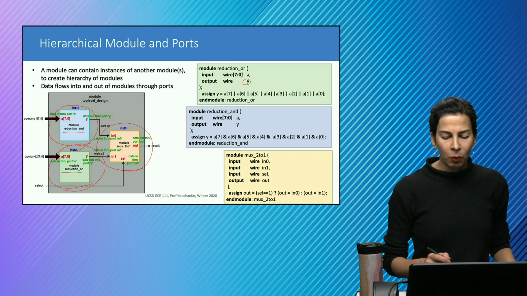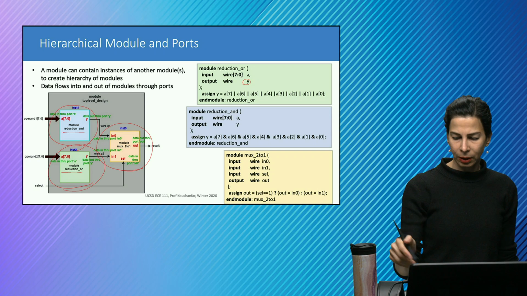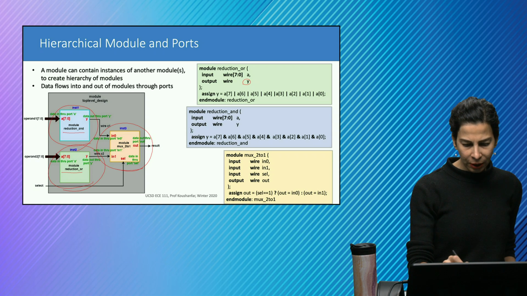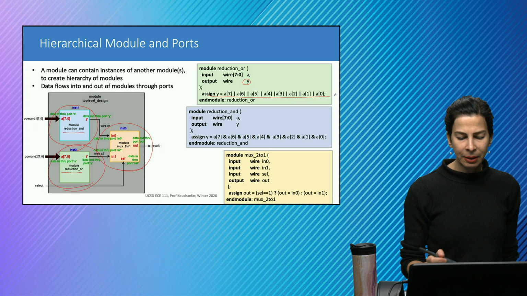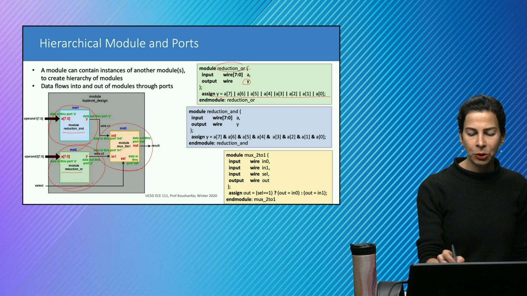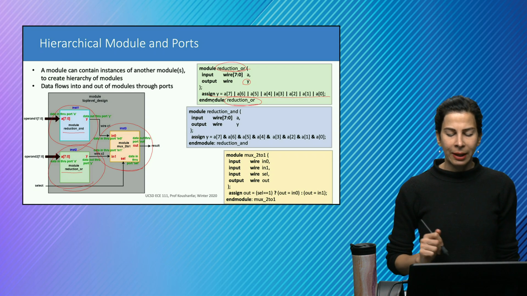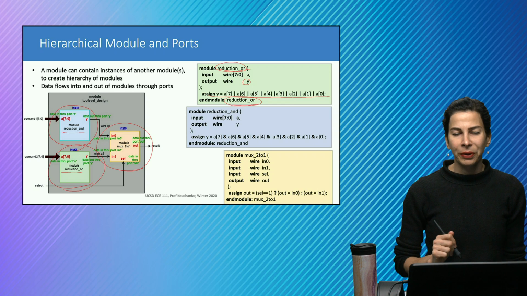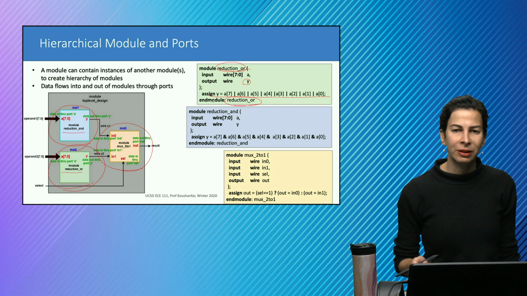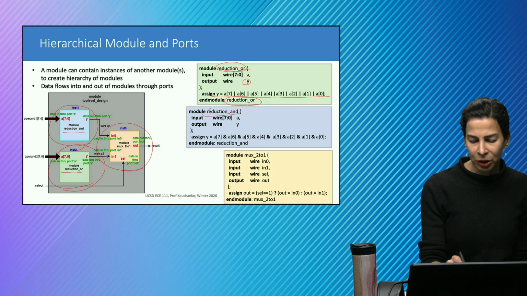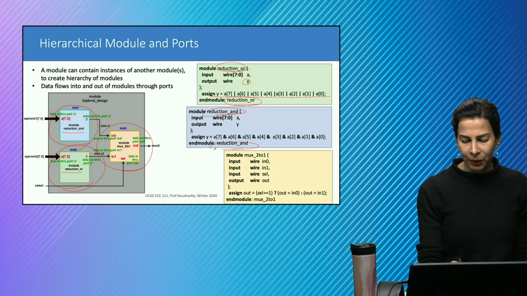There is a combinational function that relates the input and output. And of course, the module is instantiated with module and endmodule. The same is true for the other modules in this design. Here I have the reduction and I begin and end it. I define the parameters.